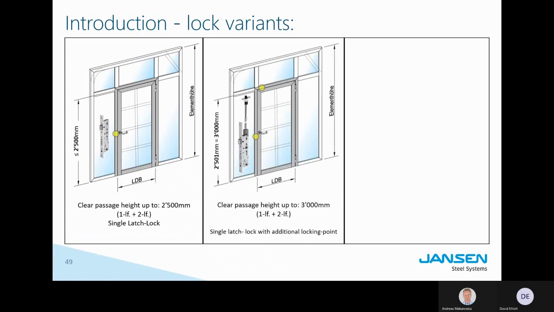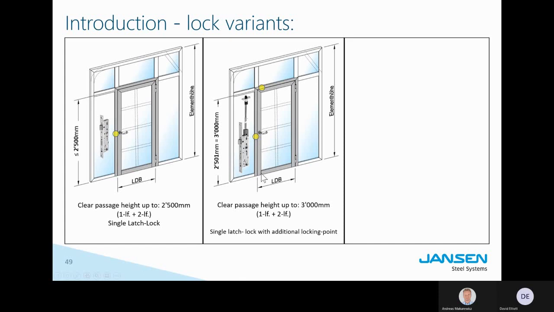When you have a door between 2.5 and 3 meters, you must use an additional locking point. We always recommend a locking point towards the top. The reason is that the locking bar you see here on the lower part is screwed onto the lock. With vibration, this screwing may loosen when it's pointing downwards, and if it does, it may block the door.